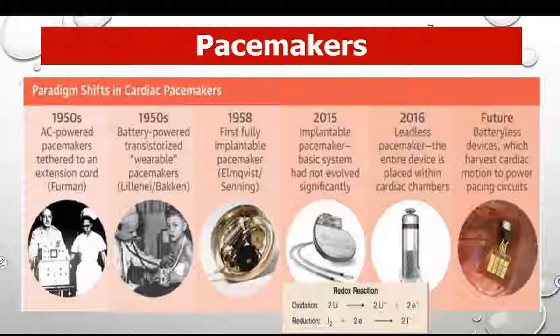Okay. So one of the other things we use batteries for are pacemakers. And pacemakers have had a lot of innovation and change over the years. Basically, it's also a lithium battery, a lithium iodide battery that will last a long time. Usually lithium batteries last longer. They're looking at getting a battery-less device, which they basically add like a circuit breaker to the heart.